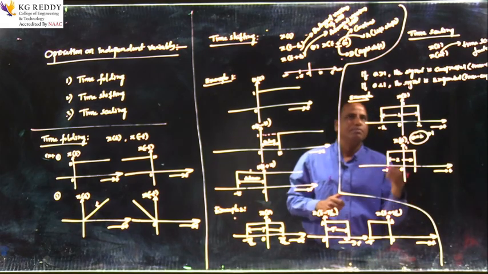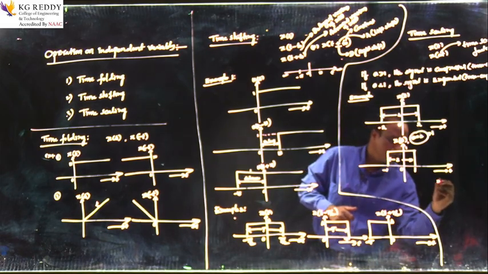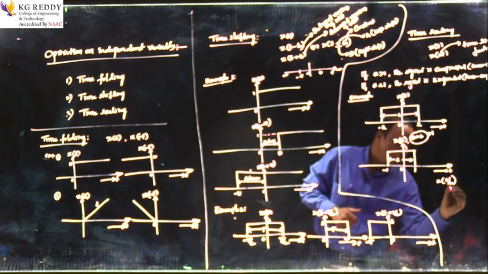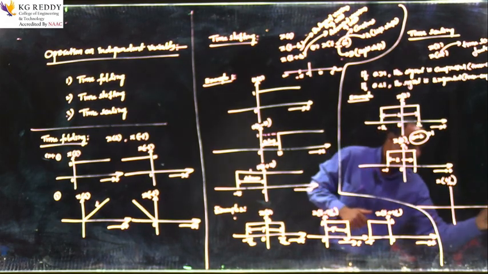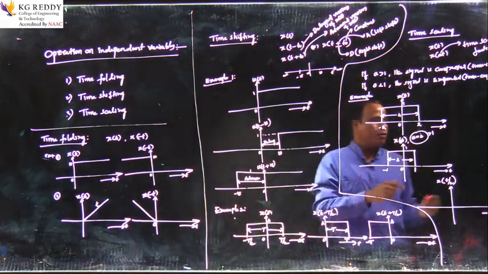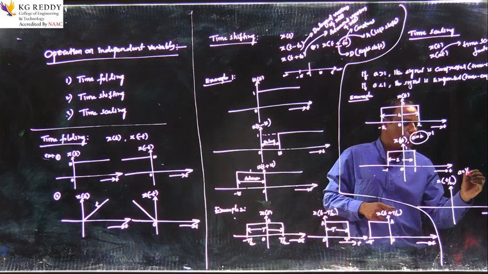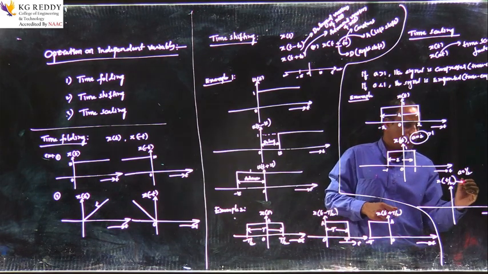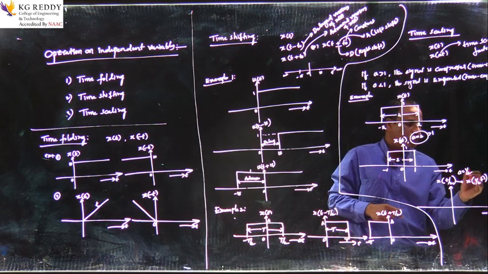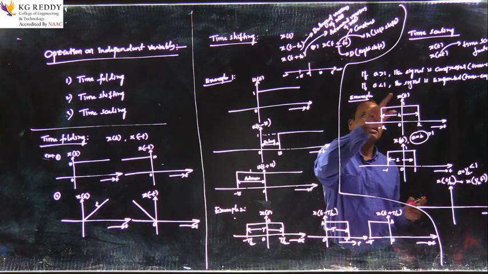Similarly, if I want to draw x of t by 2, how do I sketch it? This is t. Already I told you, a is equal to 1 by 2 here, because this can be written as x of 1 by 2 into t. So a is equal to 1 by 2, which is less than 1. What happens if the time scaling factor is less than 1?